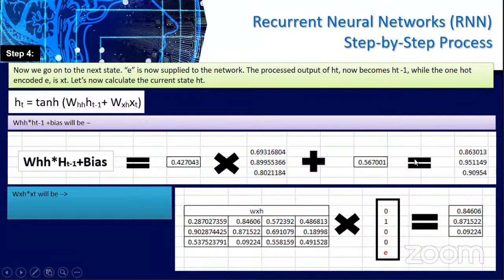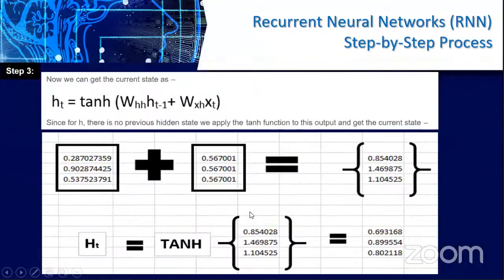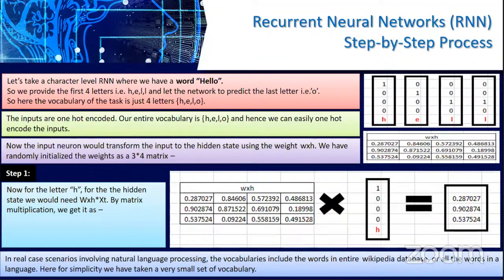Now when you multiply these two parts and add it with this one, the resultant value you will be getting is 0.86, 0.95, 0.90. Right? So this is your WXH. If you see this WXH that you have populated here, this is your WXH with which we started. You can see here, right?